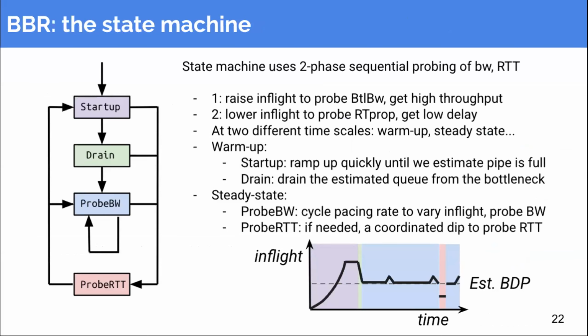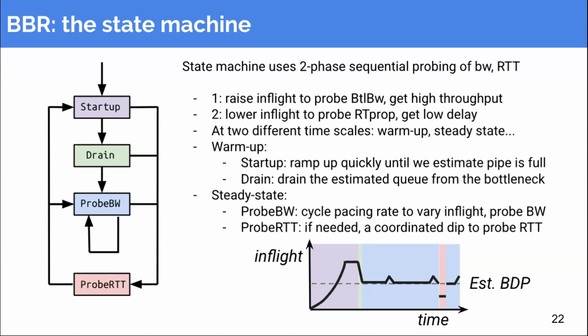And then just to give you a brief overview of the state machine of the algorithm, it basically starts in a phase called startup that we were just talking about, which really rapidly, exponentially, that is, doubles the sending rate every round trip time to quickly reach the maximum throughput of the bottleneck link.